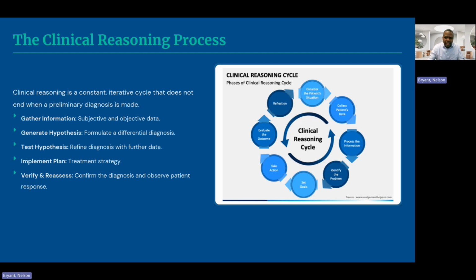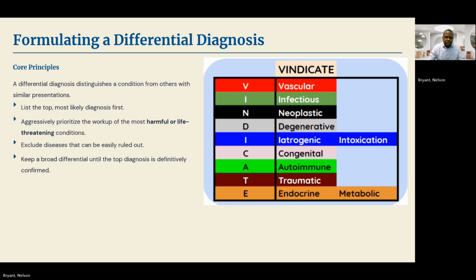You test your hypotheses, and then you reassess the patient after implementing the plan. If the plan does not improve things, then you may return to your differential diagnosis, collect more information, and verify or modify your diagnosis to ensure patient safety.